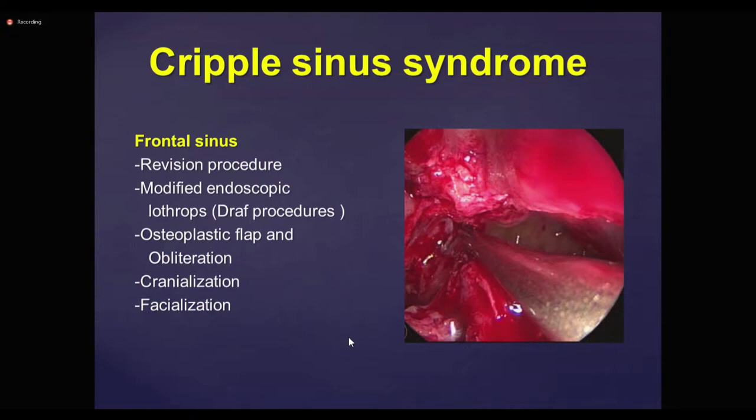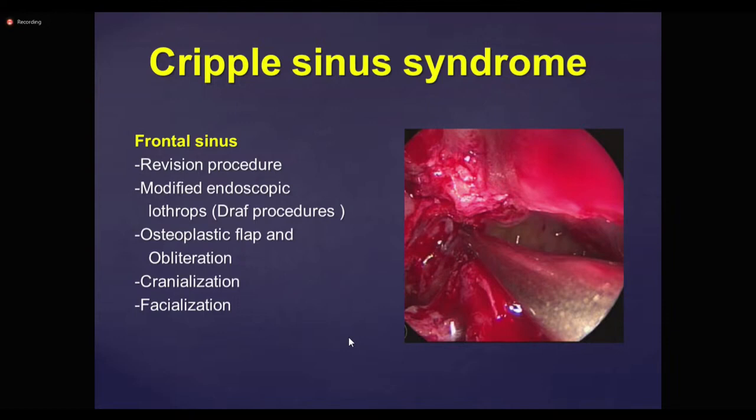In order, either do a revision procedure like what you have done earlier and revise it thoroughly, or do a Draf procedure, modified endoscopic Lothrops. The open counterpart for that is osteoplastic flap, if you are not able to do an endoscopic procedure, or if Lothrop is not indicated.